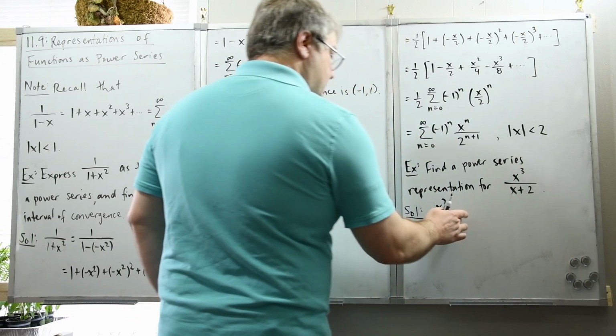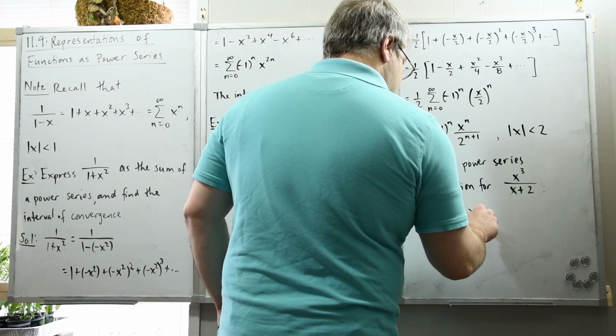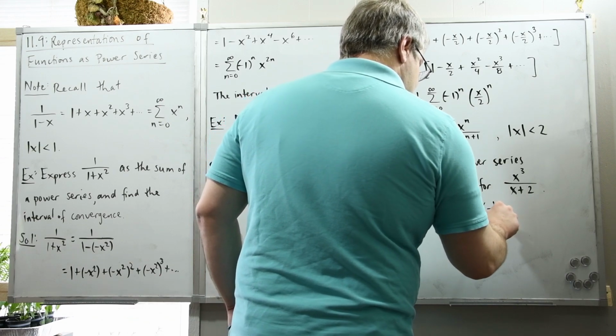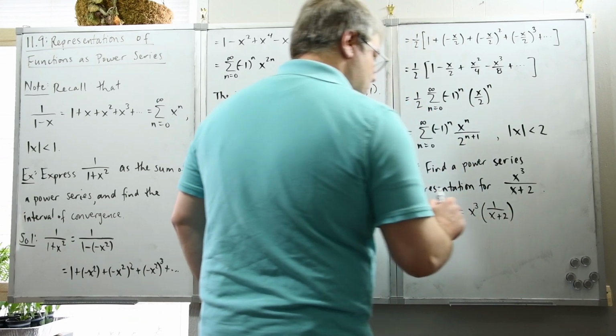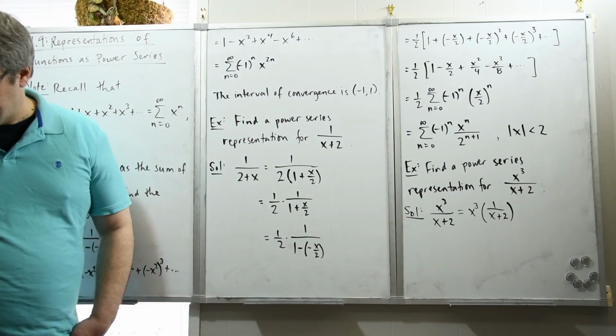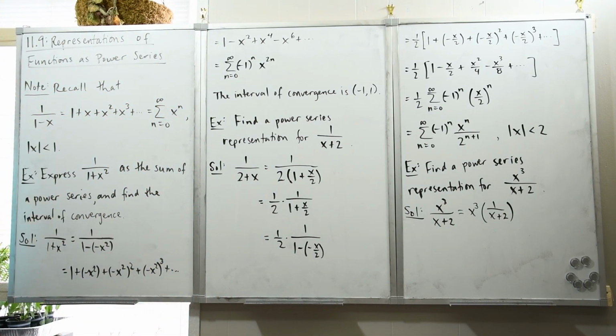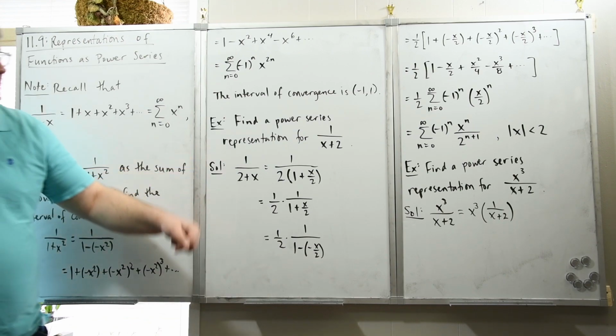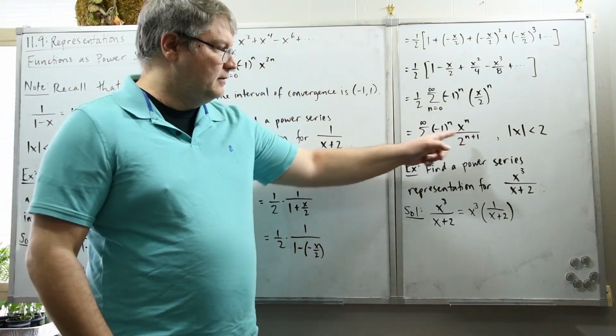So x cubed over x plus 2 can be written as x cubed times 1 over x plus 2.